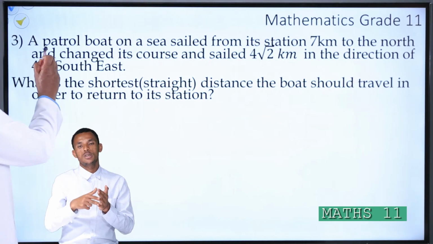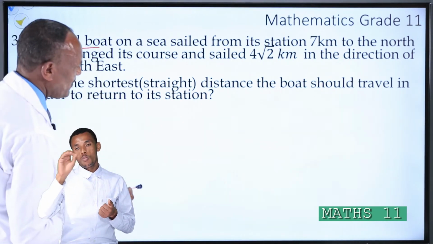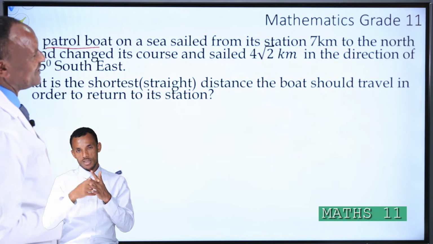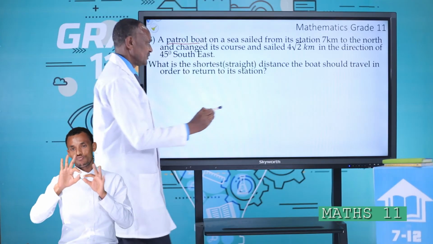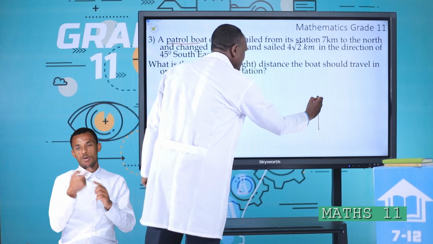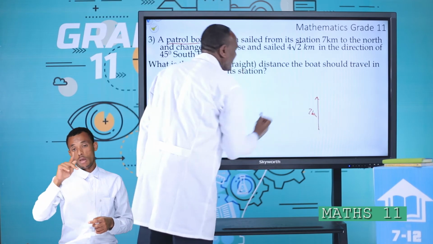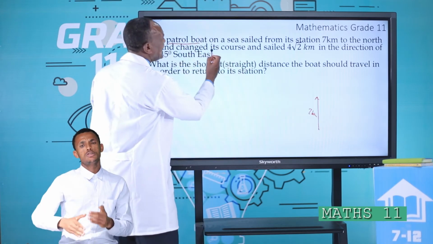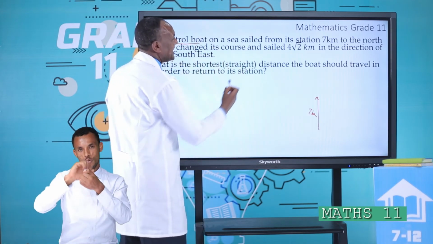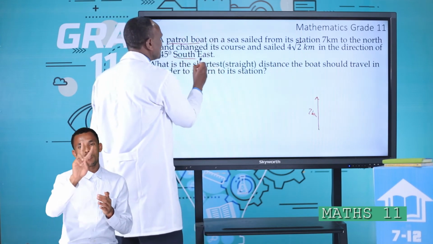So we are given that a patrol boat on a sea sailed from its station 7 kilometers to the north. So if the station was here, from this point it is going to the north direction 7 kilometers. Then it changed its course and sailed for 2 kilometers in the direction of 45 degrees southeast.